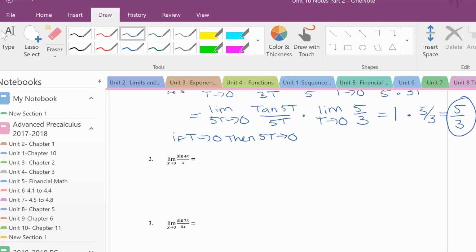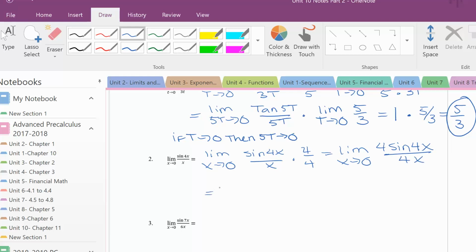All right. Same thing for number 2. So the limit as x approaches 0 of sine 4x over x. So I'm going to multiply the numerator and denominator by 4. So it gives me the limit as x approaches 0 of 4 sine 4x over 4x.